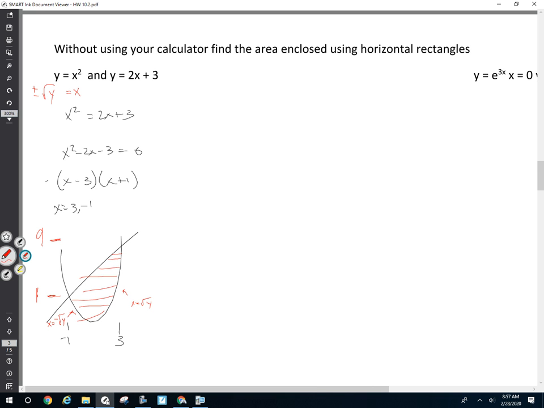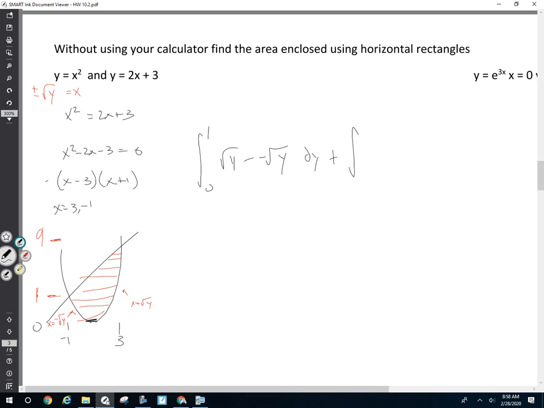This intersects at 0, so this is my starting point. My first rectangles from 0 to 1 have a width of a root y minus another root y, so it's a 2 root y. And that's from 0 to 1.